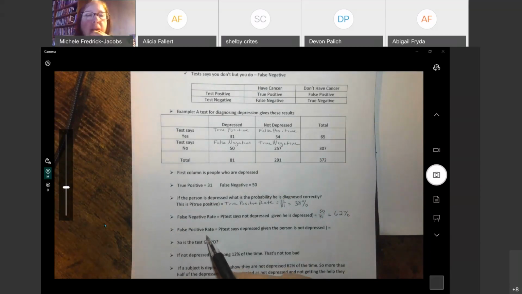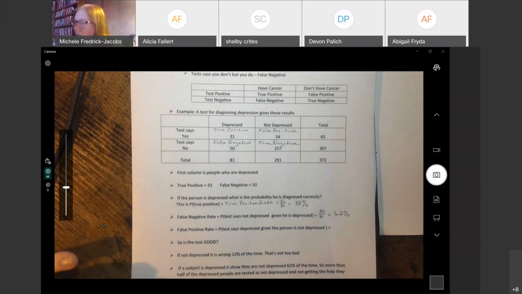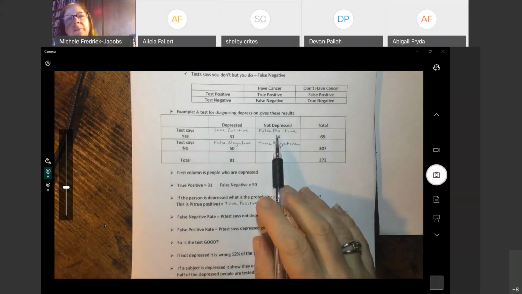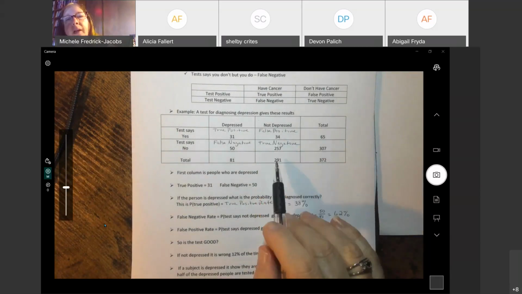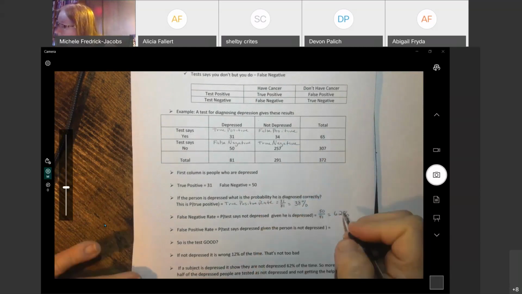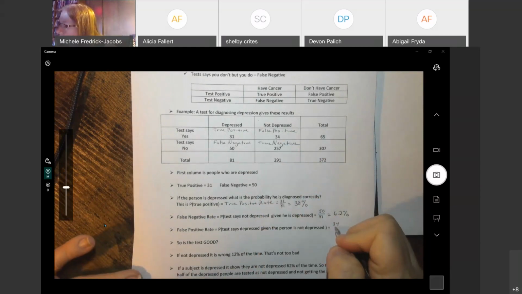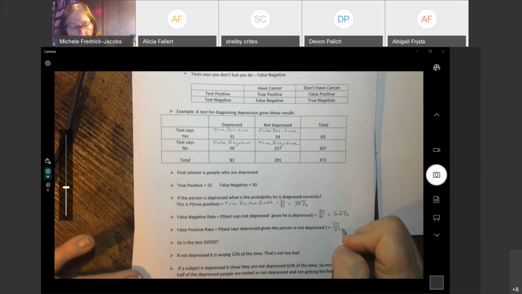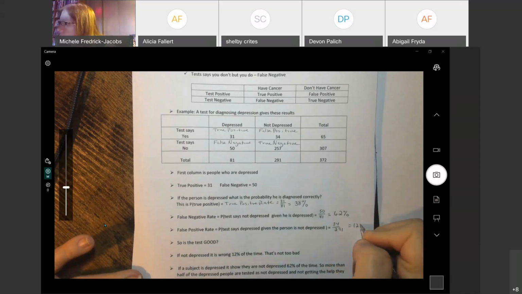A false positive rate. 12%. That's what I got. False positive is here. 34 out of 291 is 12%.